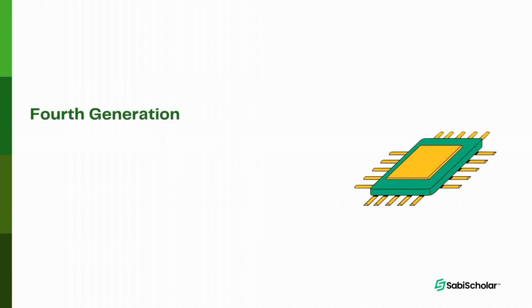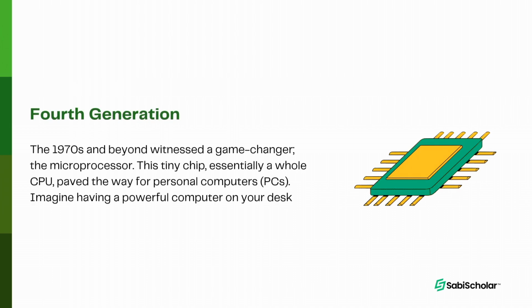Now, the fourth generation of computers brought about the development of microprocessors, and this happened in the 1970s. These were a composition of tiny chips, essentially a whole CPU. CPUs, you may ask, are central processing units, which at first were larger.